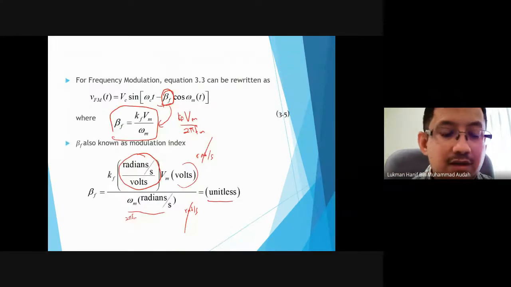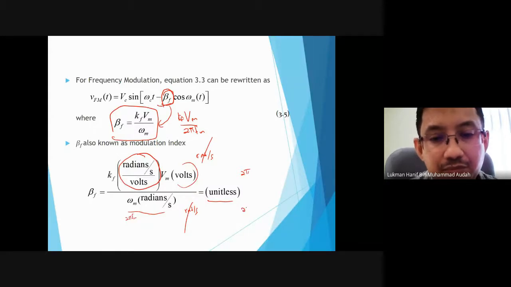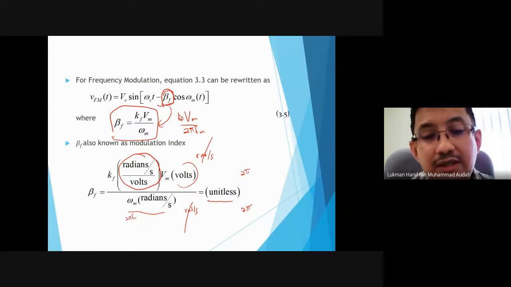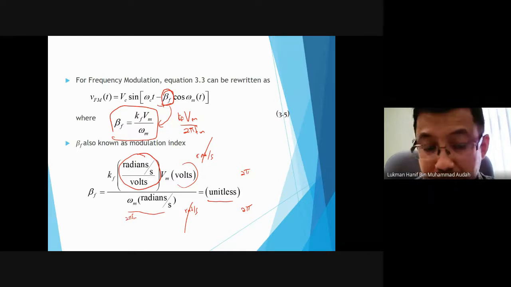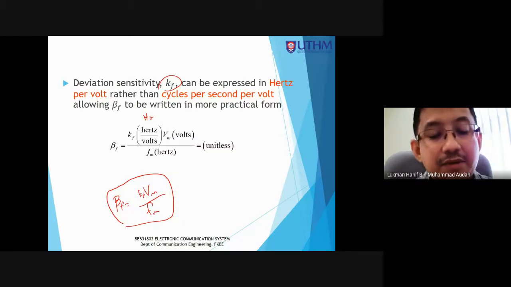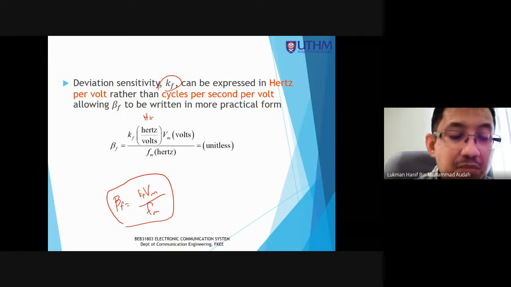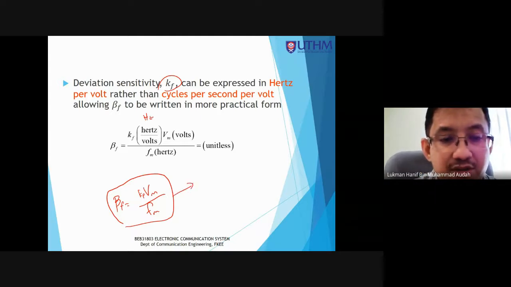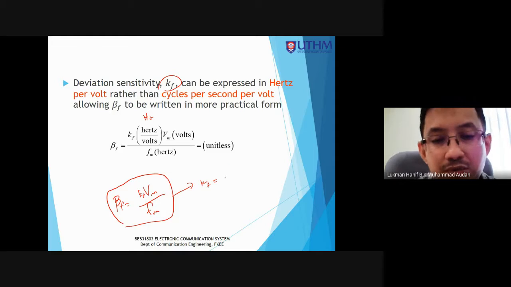So we actually get this parameter by dividing the upper and lower parameters with 2 pi. Okay, tadi kalau kita bahagikan atas dan bawah dengan 2 pi, so we will get the parameter of kf as hertz per volt. Nampak? So yang ini beta f is equal to kf Vm over Fm, and in this case kf is equal to a parameter x in the unit of hertz per volt.